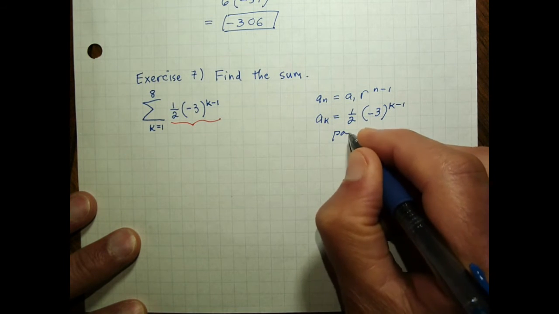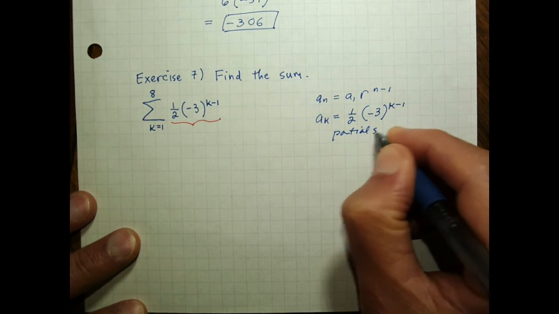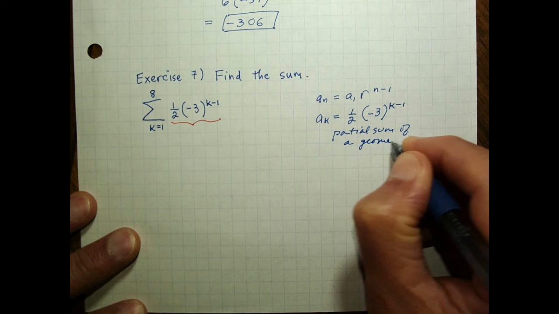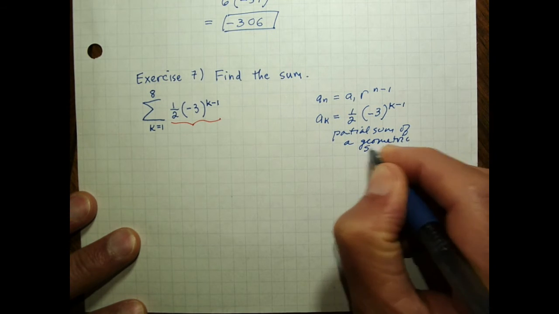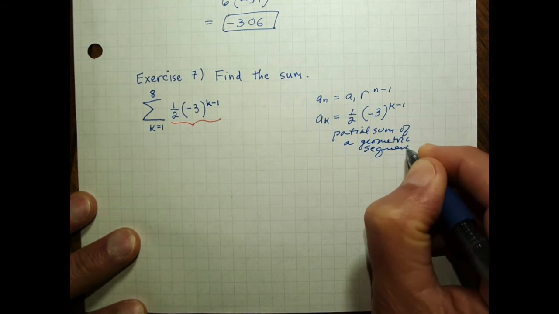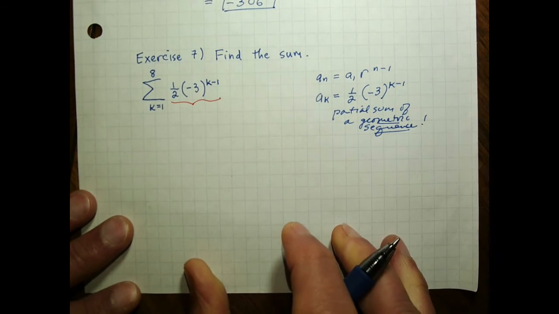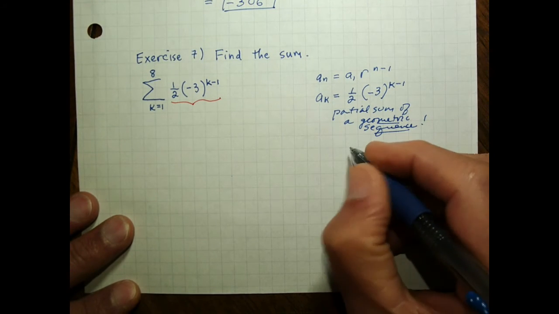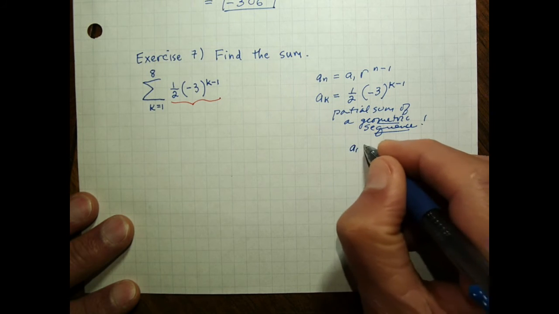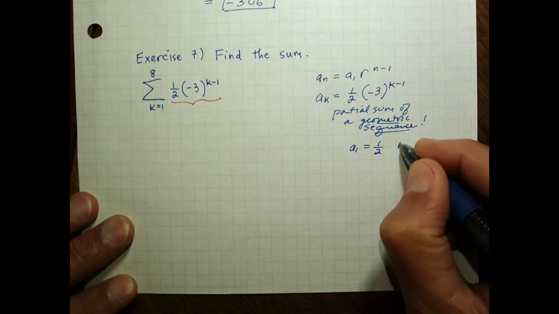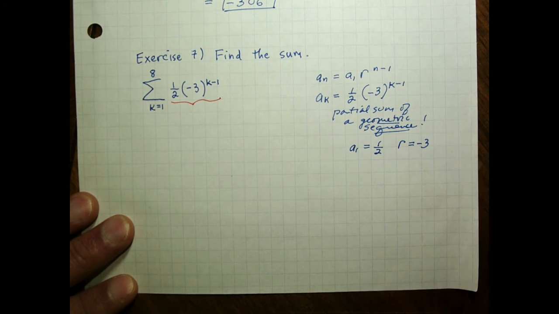So this is a partial sum of a geometric sequence. It's another challenge, just reading this abstract notation. And we can see that the a1 value is 1/2. The r value here is negative 3.